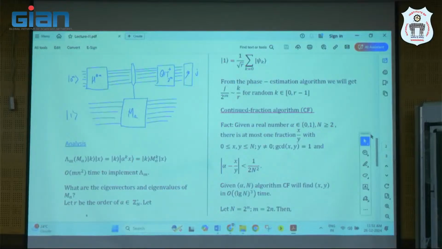This is the continued fraction algorithm. Any question about it? Yes, correct. Capital N is the accuracy factor. Any questions?